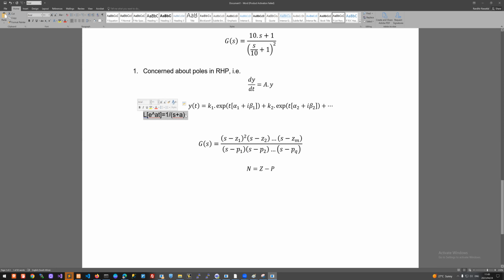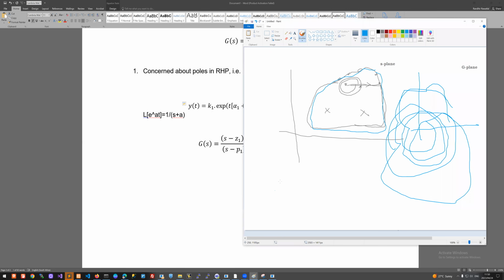You agree minus a is a pole here, right? So the time constants show up here in our poles. So we are very worried about any of these poles having a positive real part. In other words, all our poles need to sit in the left-hand plane only. So if this is the S-plane, we want all our poles to sit in here.